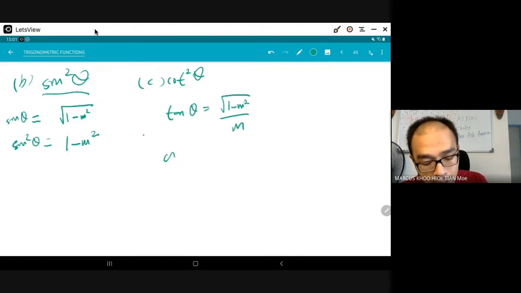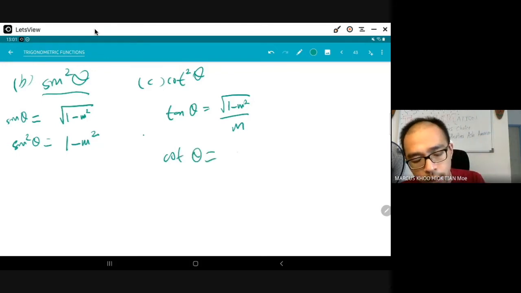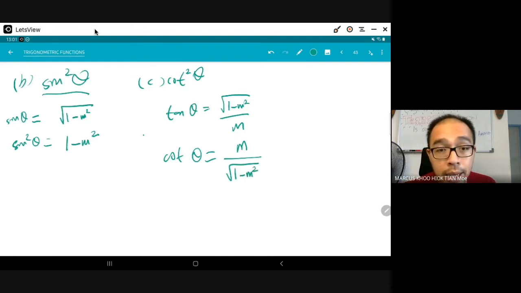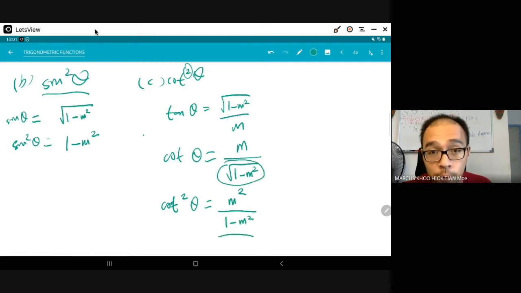But cotangent theta is the reciprocal of tangent theta, so it's m over square root of 1 minus m squared. And lastly, we have to square it. So cotangent squared theta is m squared over, this one we square, it will become 1 minus m squared. Leave this alone. Don't touch.